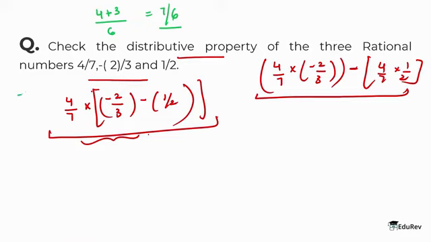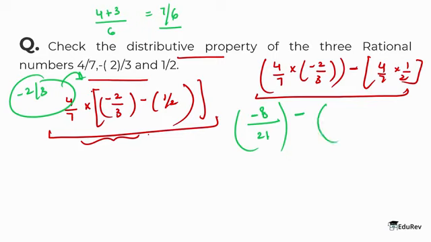So negative of 2 by 3 is the answer of the first equation. Now let's solve the second equation. The second equation says 4 by 7 into this, so it is basically going to be negative of 8 upon 21 minus, and if I multiply these two, it will be 2 by 7.